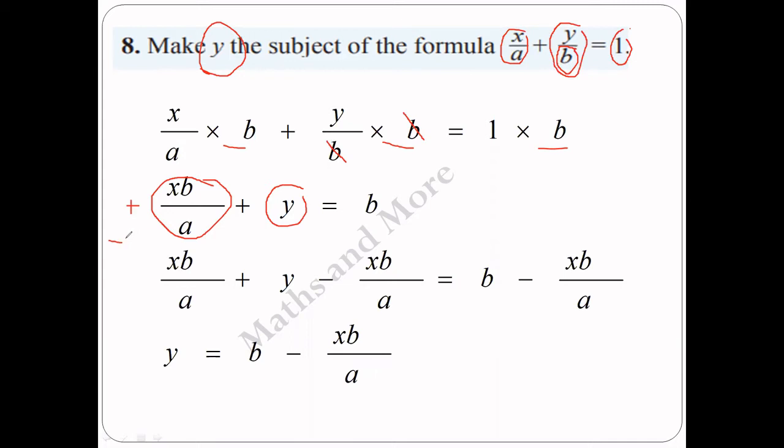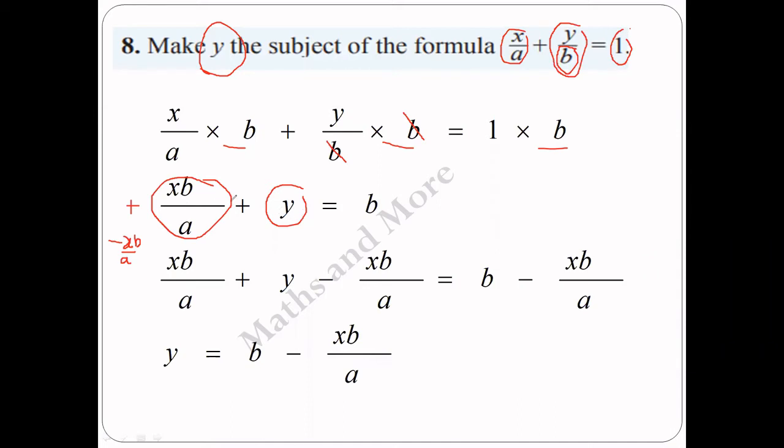Put minus XB over A to both left and right. Repeat this step again.